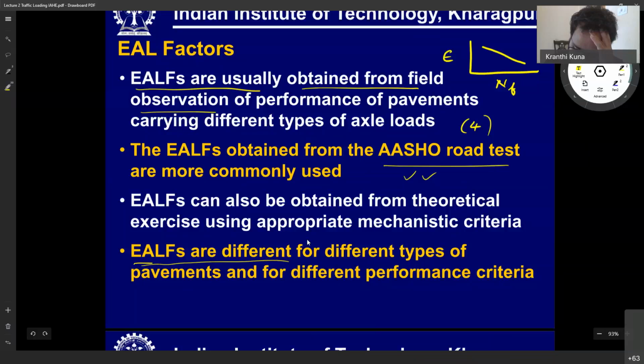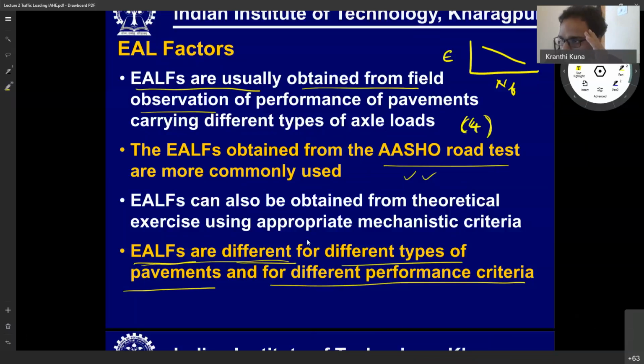Equivalent axle load factors are different for different types of pavements and for different performance criteria. This factor is 4 for asphalt pavements. For concrete pavements, it is usually between 8 and 12. So what does that mean? For asphalt pavements, if you double the load, the relative damage will be 16 times.